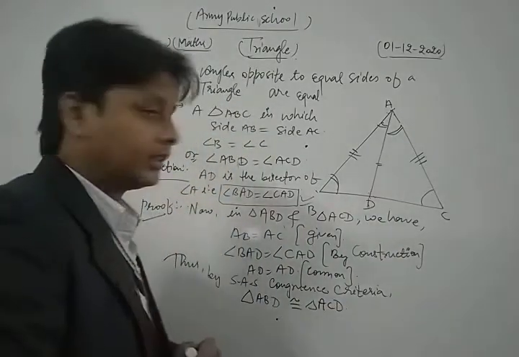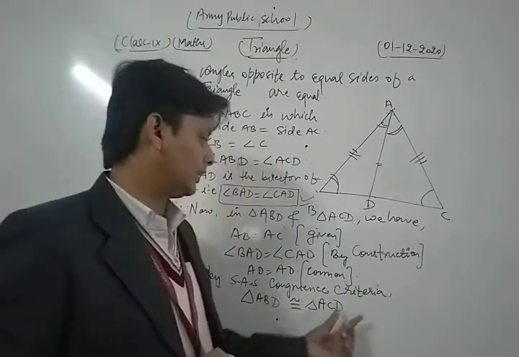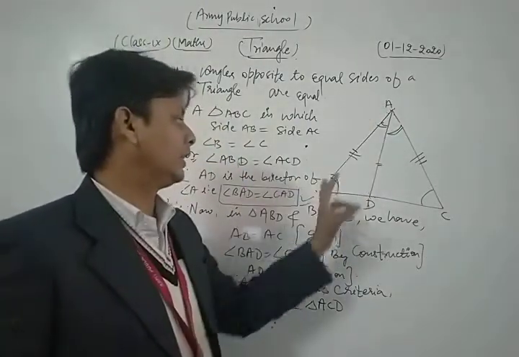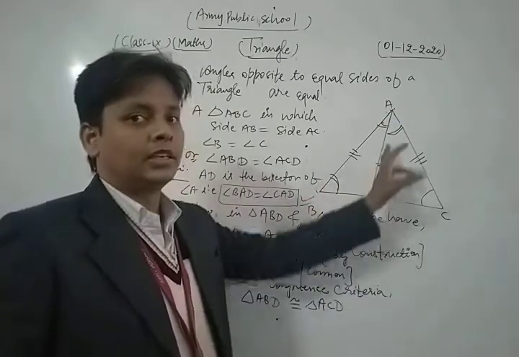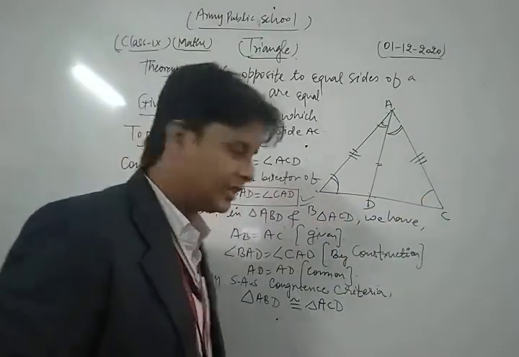Okay, dear friends, thus by the SAS congruence criterion, we have triangle ABD congruent to triangle ACD. Thus, by CPCT, now let's see.